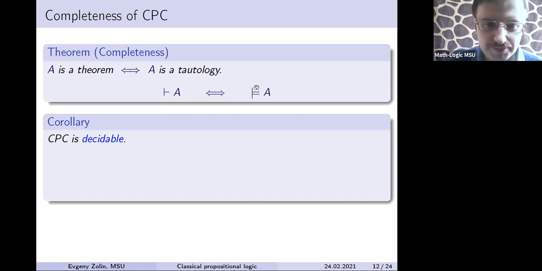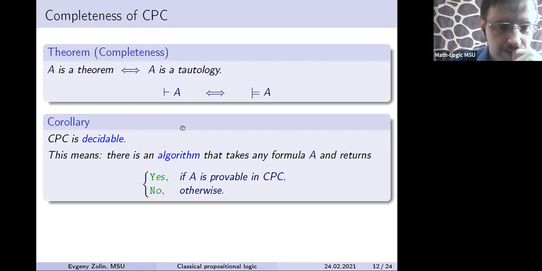But this completeness theorem connects this derivability or provability with the notion of tautology. And we know that there is an algorithm that checks whether a formula is a tautology. So we automatically obtain decidability. So this means that there is an algorithm that takes a formula and returns yes if the formula is a theorem, and no otherwise.